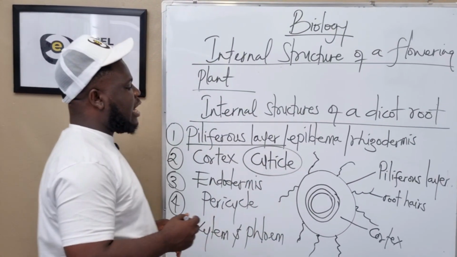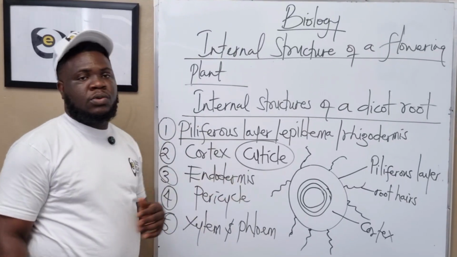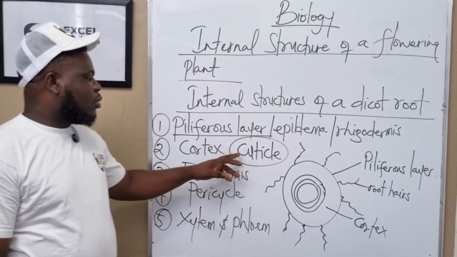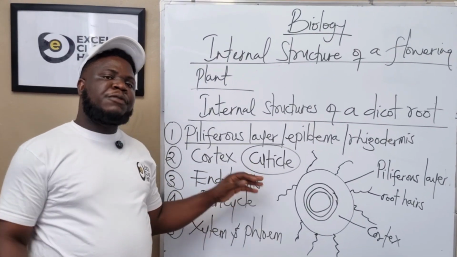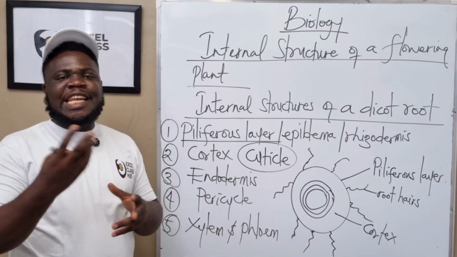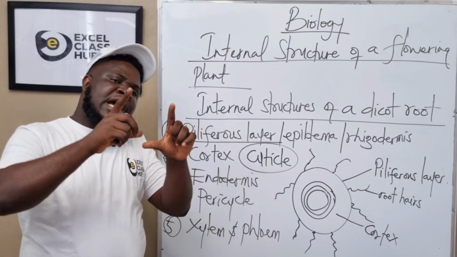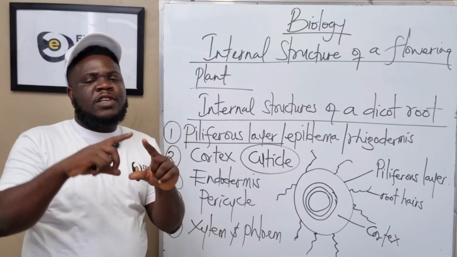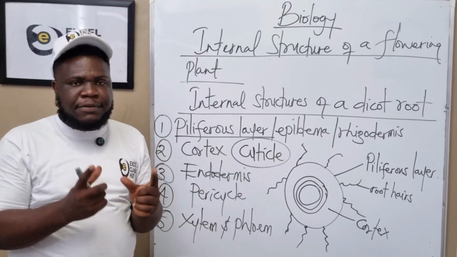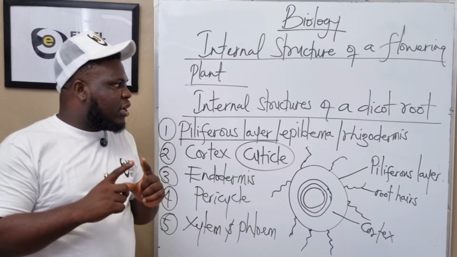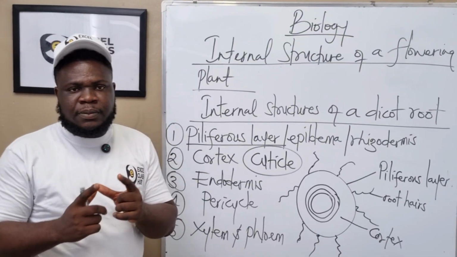The piliferous layer does not have cortical. Now, cortical is found in stems and leaves. And that's why you notice that the external layer of the internal structure of a stem and a leaf is mostly called epidermis.